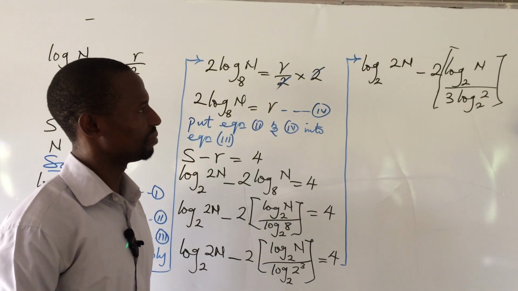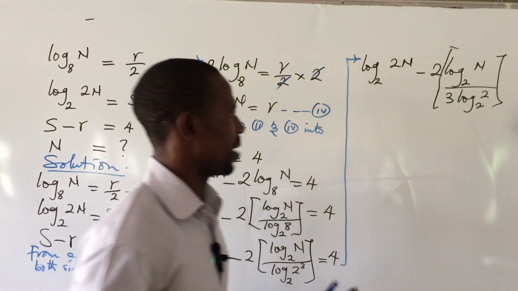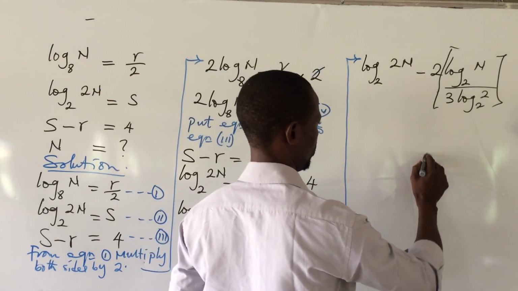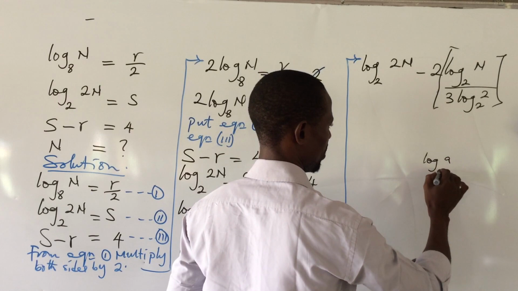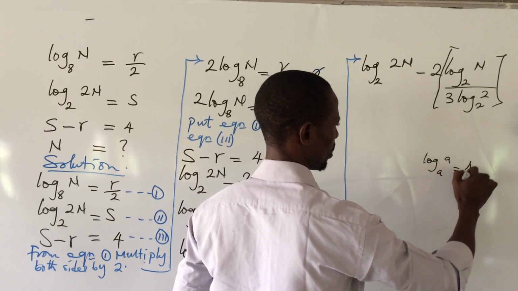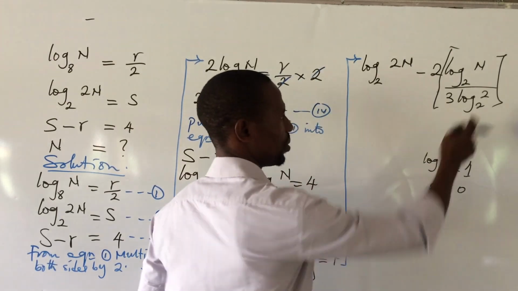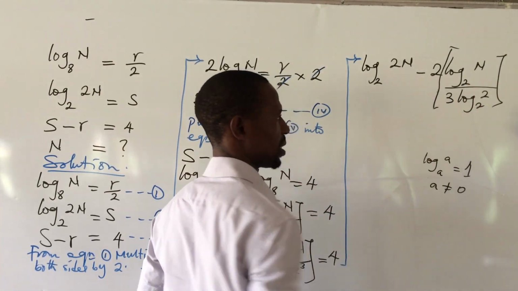All right. Now, we have another law which says that if you have log a base a, it is equal to 1, provided a is not equal to 0. So this is log 2 base itself again.